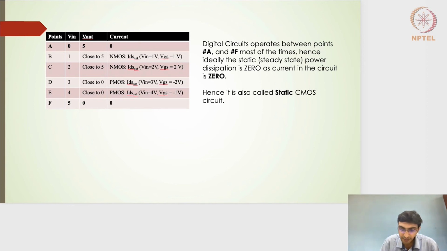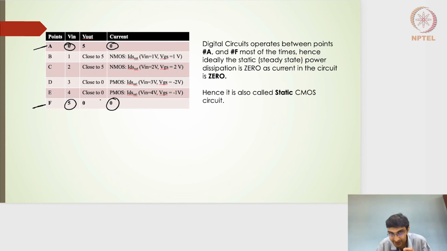Right, so remember, in most of our applications, we will always have the input voltage at A or F. In fact, input voltage at 0 or 5 volts. So my solution points are always A and F. So the current, if you look into the current for the points A and F, it is always 0. Right?